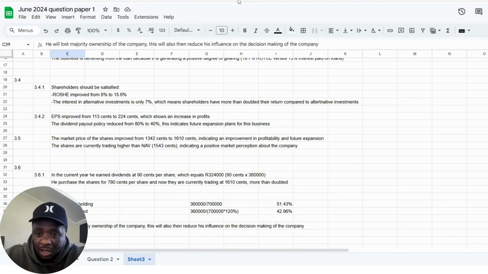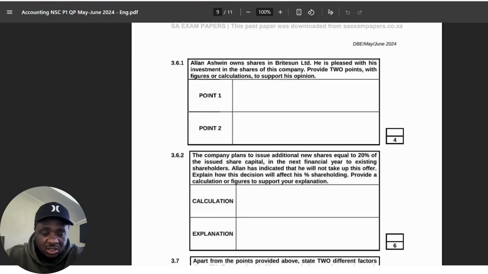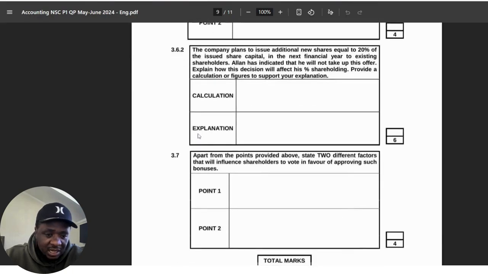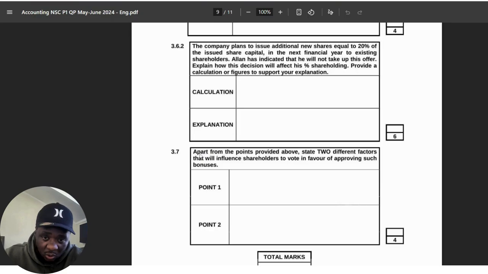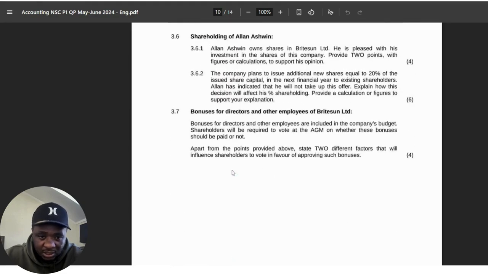All right. And then lastly, we got 3.7. So let's look at what 3.7 says, and then we finish this question. It says here, apart from the points provided above, state 2 different factors that will influence shareholders to vote of approving such bonuses. So this needs me to go back and read because this means that there may be some bonuses that were there.